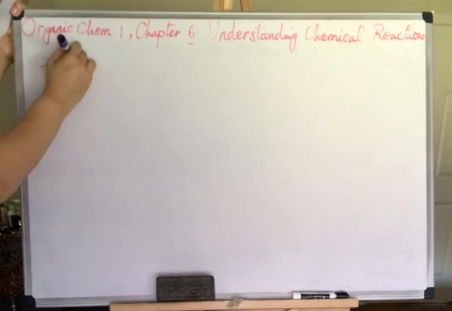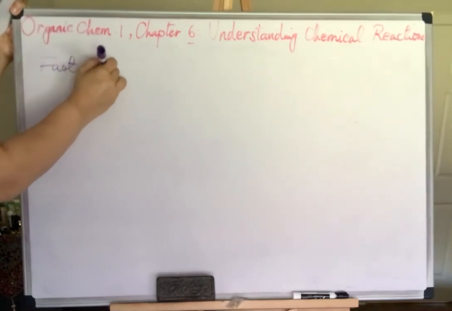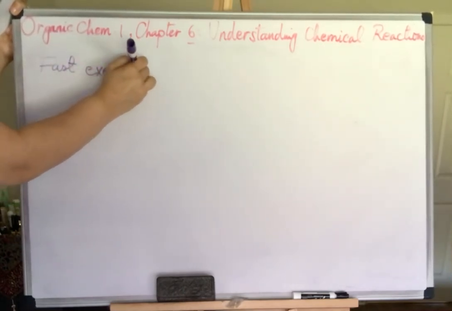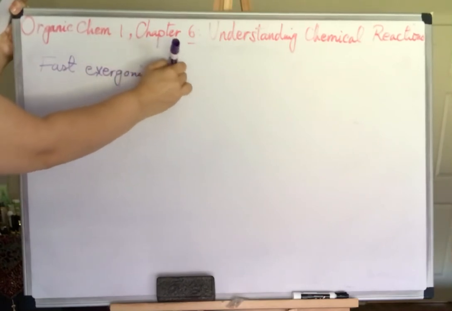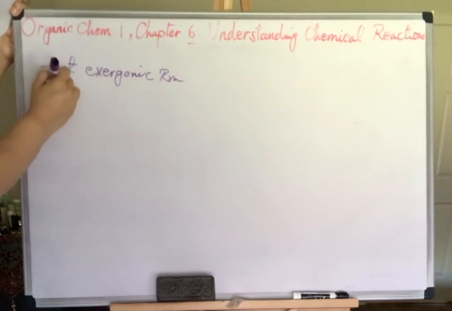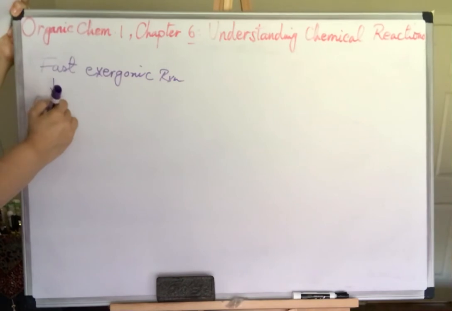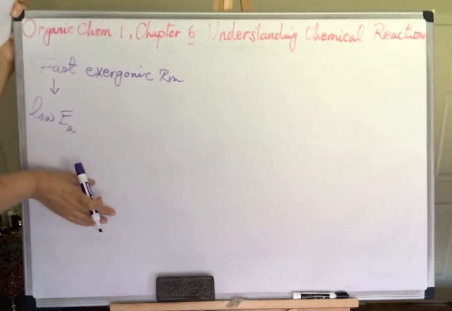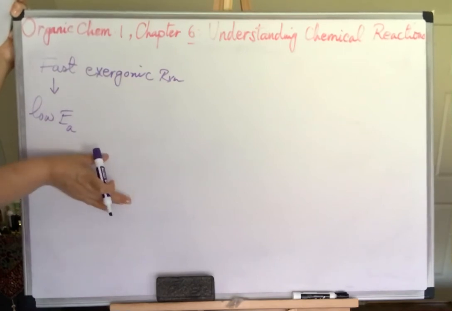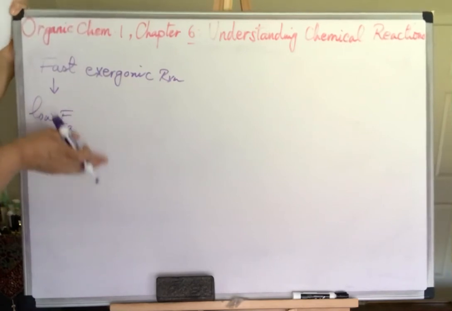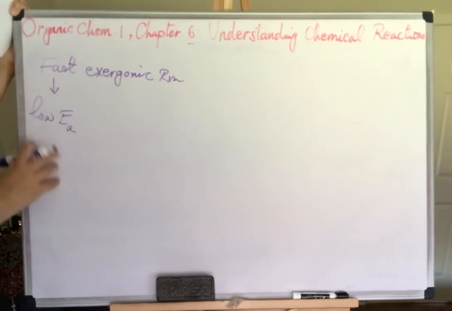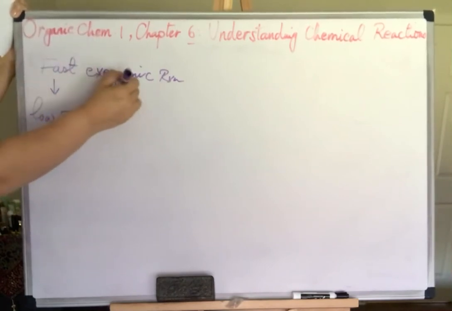Fast exergonic reaction. So fast means low activation energy, right? The lower the activation energy, the lower the distance between reactant and transition state, so it's going to happen faster.